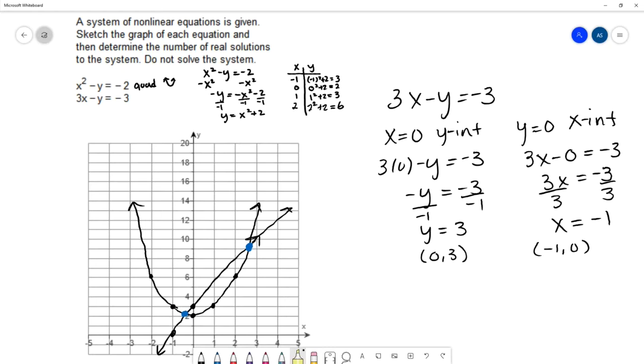The directions on this example say do not solve this system. So we're not going to algebraically find those solutions. But we can see from the picture that this system will have two solutions.